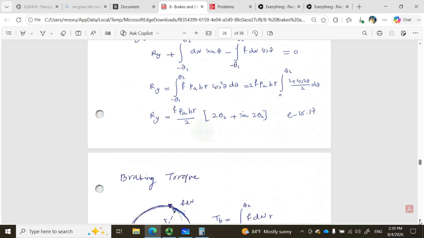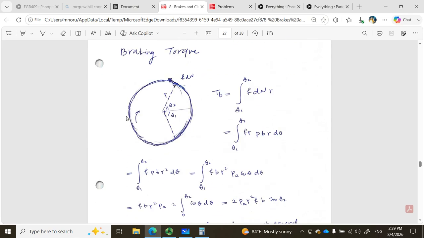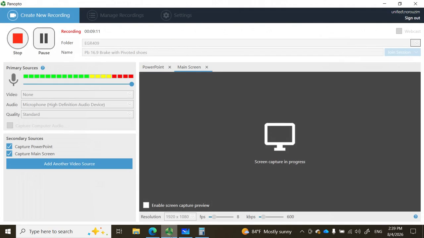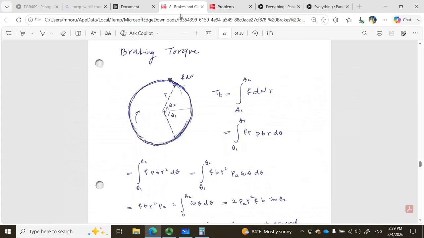So these are two equations. And then what else? The problem statement was asking about braking torque. So for the braking torque, we have to evaluate this integral. TB equals the brake force that goes on the drum, F times dN.